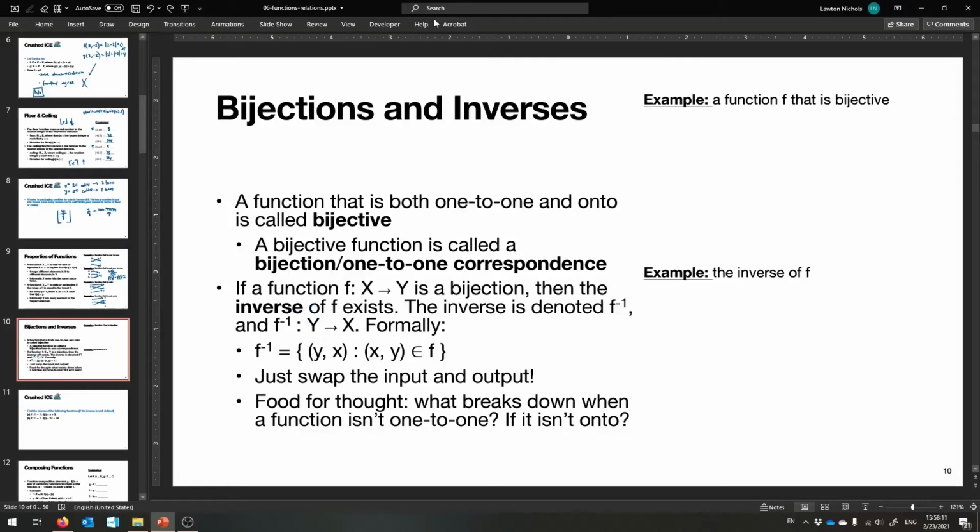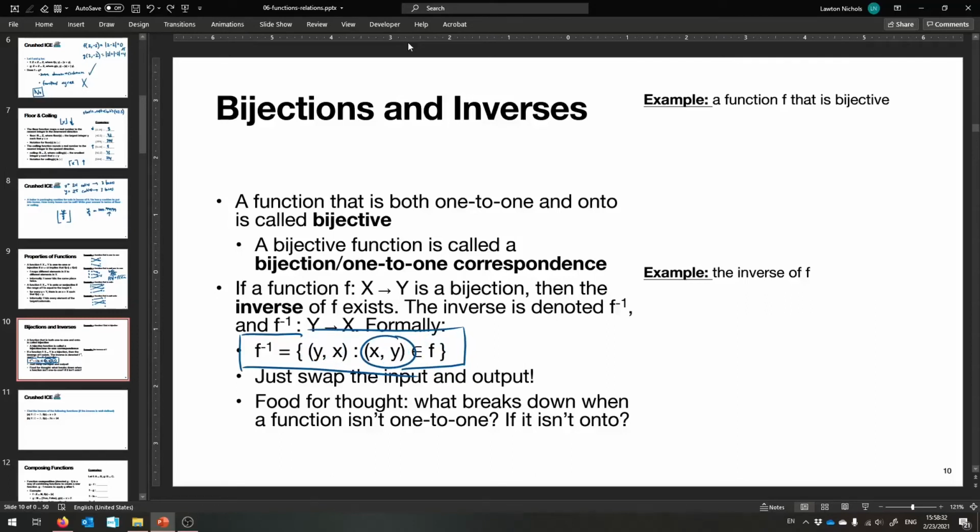And here's how you can define the inverse. You take every element of the original function and you just flip-flop them. The domain becomes the codomain. The thing that was getting mapped to becomes the thing that's mapping.